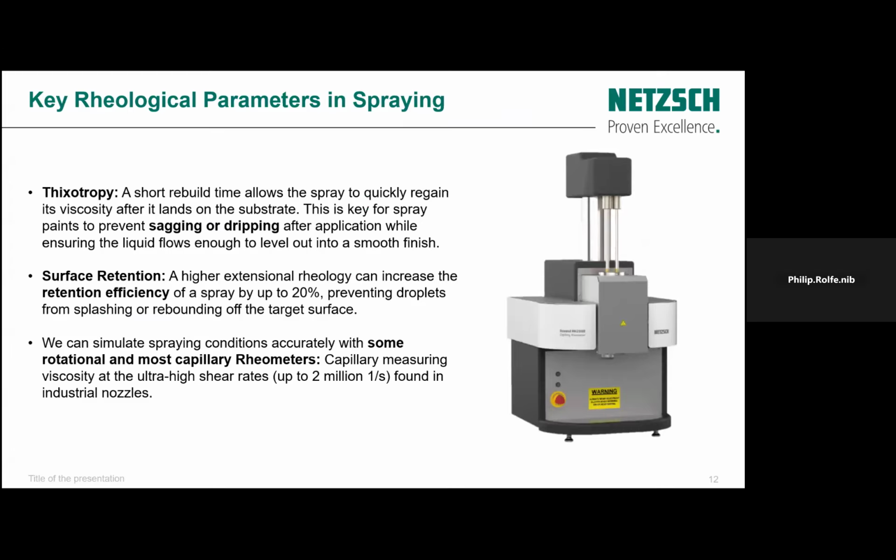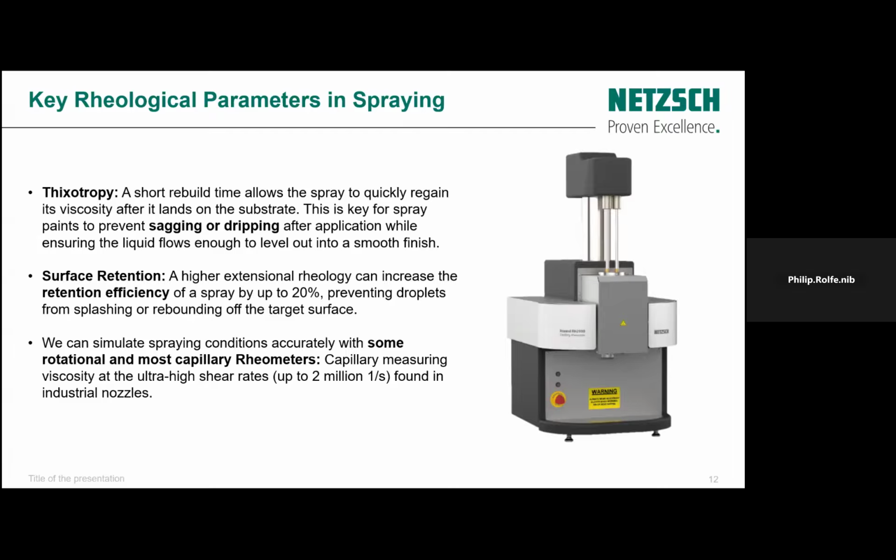So you can generate these high shear rates, though, with the capillary rheometer. So obviously, we also need to look at thixotropy. That's the rebuild time when the material lands on a leaf or something, to stop it running off the leaf, and so that it can stay put.